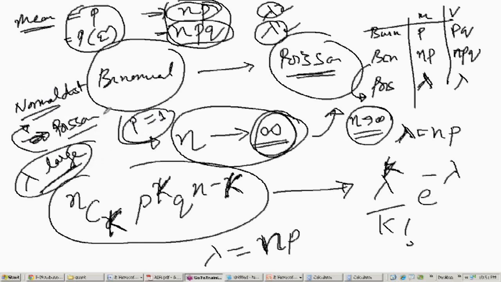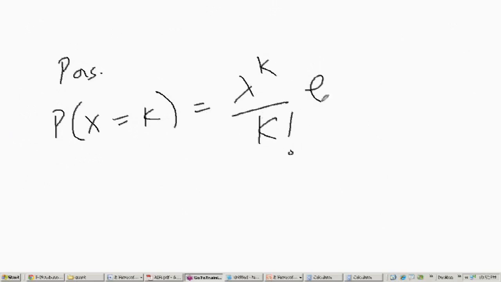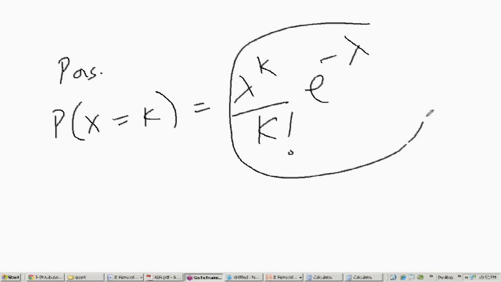For your benefit, you have to remember the Poisson distribution formula: the probability that x is equal to k is lambda to the power k, divided by k factorial, times e to the power minus lambda. In previous exams they have asked questions around this.